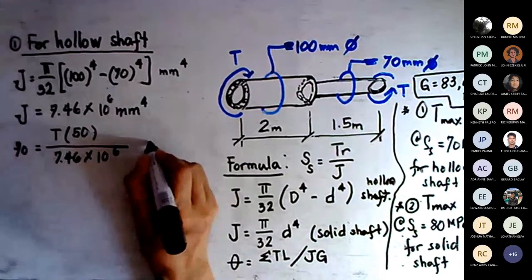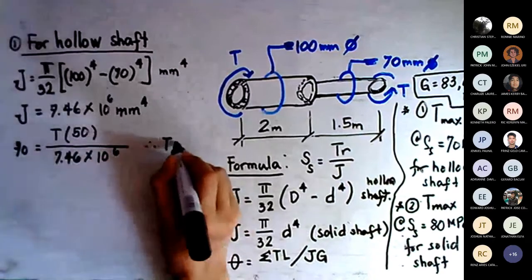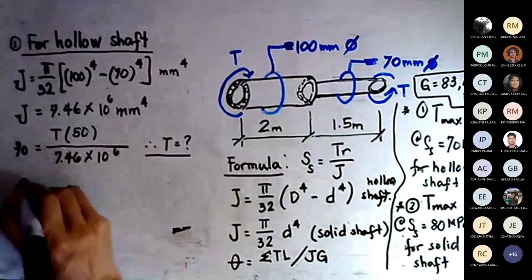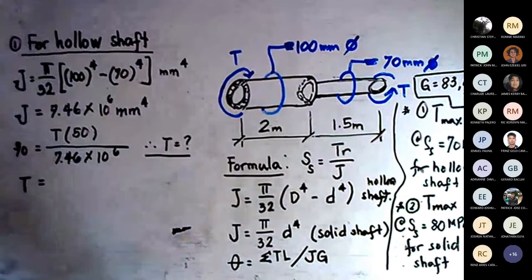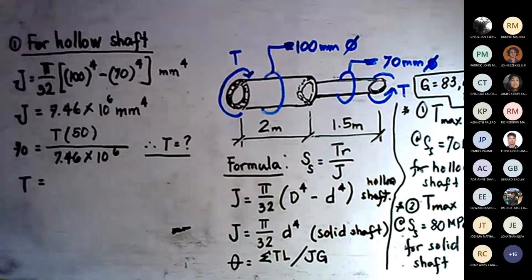So, makukuha natin ngayon yung value ng T. Ano ang value ng T? 7.46 times 10 to the 6 times 70 divided by 50 divided by 1,000, 10.44 kilonewton meter.